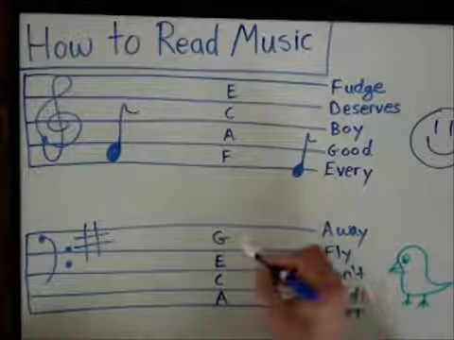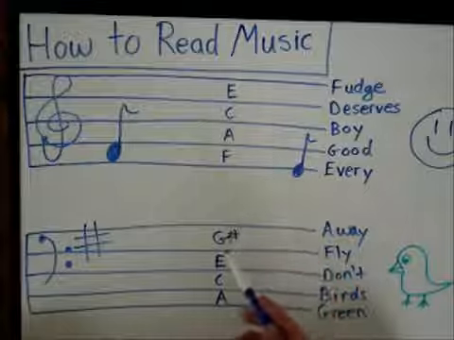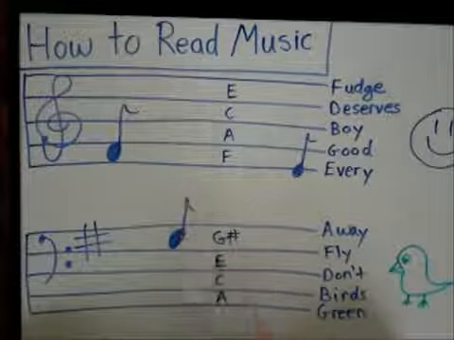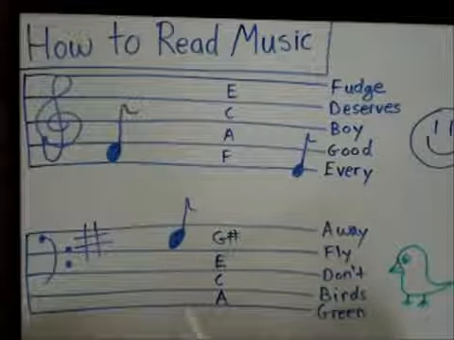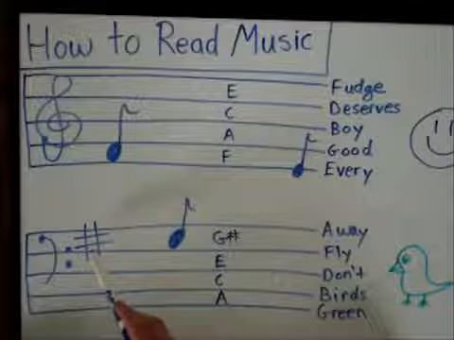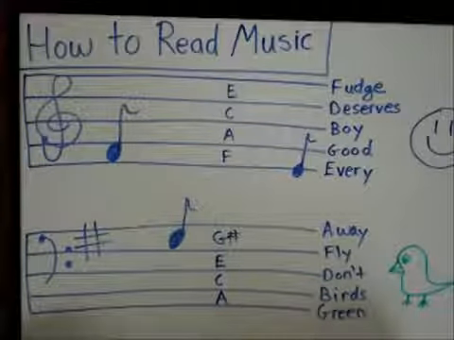So instead of playing a G, you're going to play a G sharp. If you see a note in this space, you say, oh, it's a G, and this is showing a sharp notation, so I'm going to play a G sharp instead.